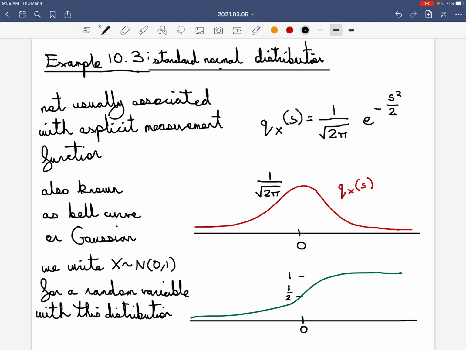This density is also known as the bell curve or the Gaussian. The bell curve is kind of the mascot of probability and statistics, because it represents this standard normal distribution, which is the heart of applying probability and statistics via this thing I'm hyping up called the central limit theorem that will come at the end of the course.